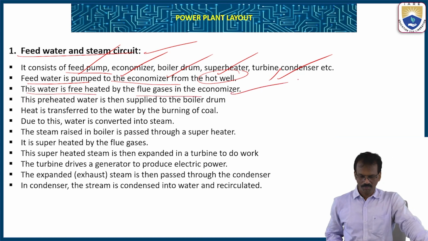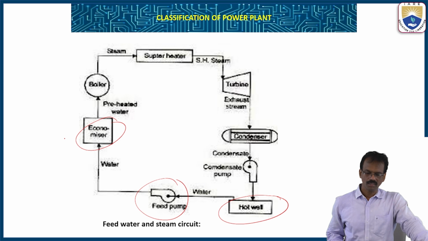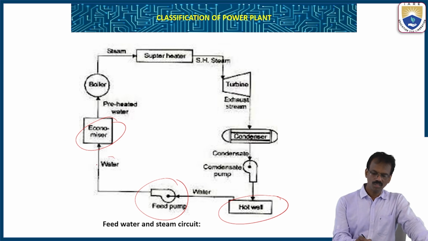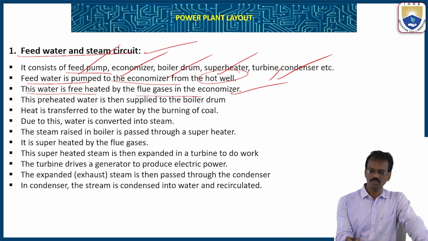So the main purpose of the economizer is that the water collected from the feed pump is heated by the help of the flue gases. So that is the functioning of the economizer.